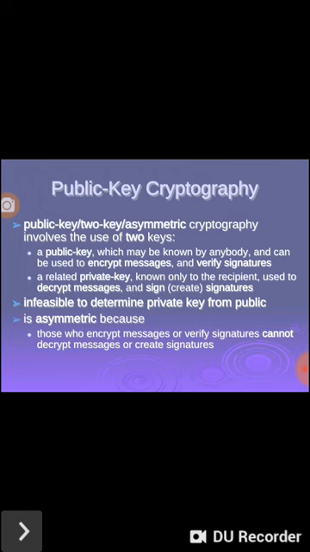Now a private key is known only to the recipient, the owner of that private key, and it is used to decrypt messages and to sign or create digital signatures.